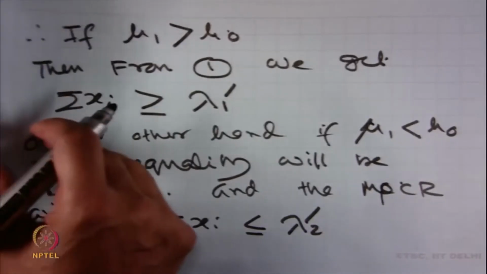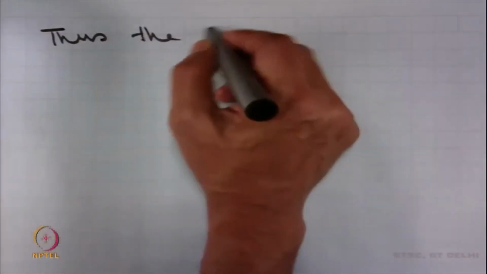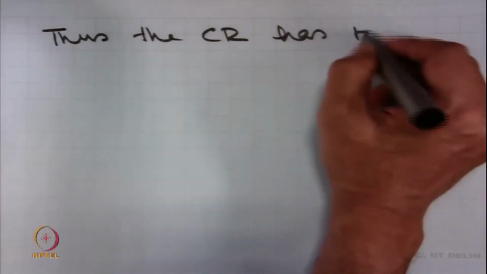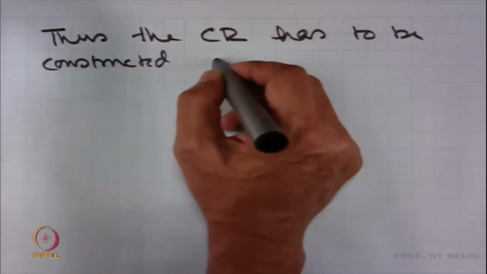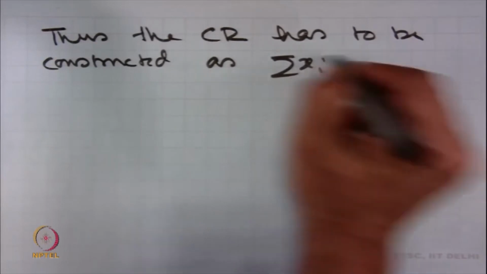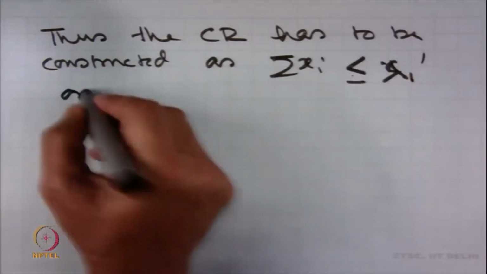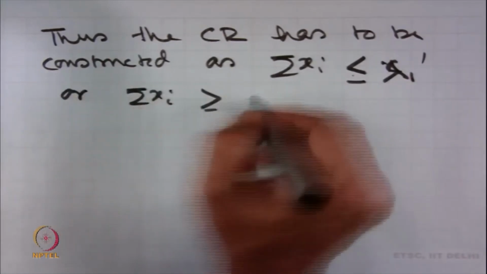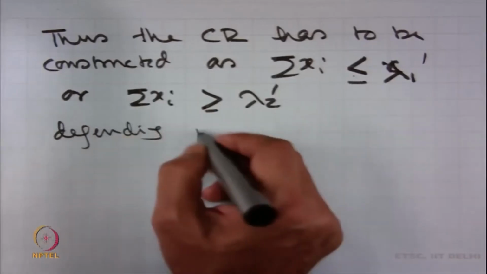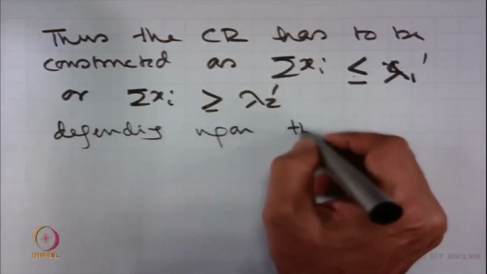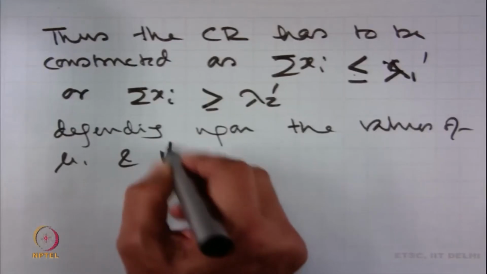Thus, the critical region has to be constructed as sigma xi less than or equal to some constant lambda 1 or sigma xi greater than or equal to some constant lambda 2 prime, depending upon the values of mu 1 and mu naught.